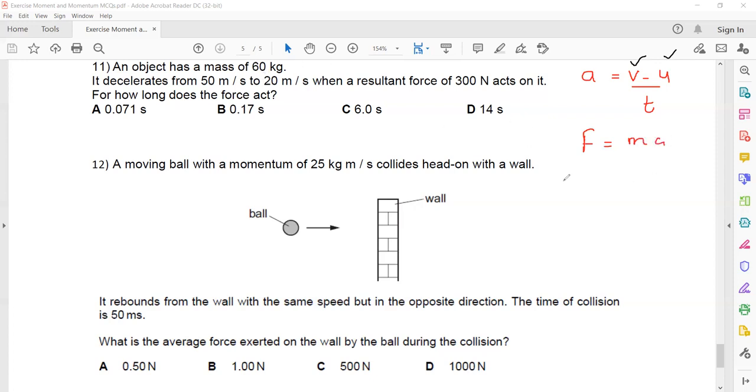So force is 300, mass is 60, and acceleration or deceleration is unknown. So this will be 300 divided by 60. So 300 divided by 60, the acceleration of this object is 5 meters per second squared. Now the second part of the question, we need the time.